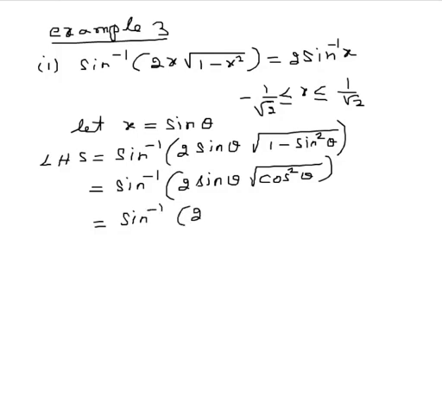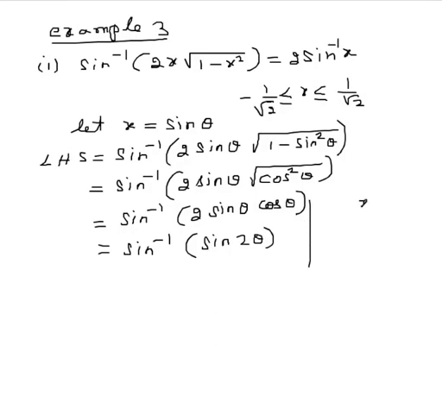We get sine inverse of 2 sine theta cos theta. And this formula is sine 2 theta. Now sine inverse and sine can be cancelled only when 2 theta is in the principal value branch. So we have to check.